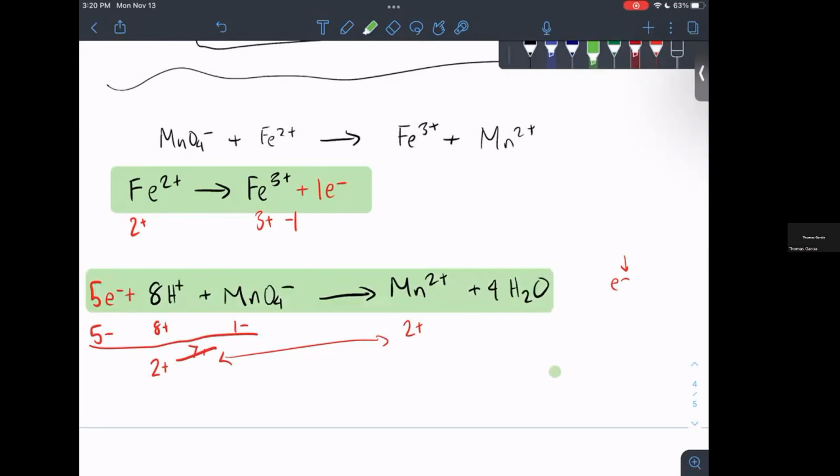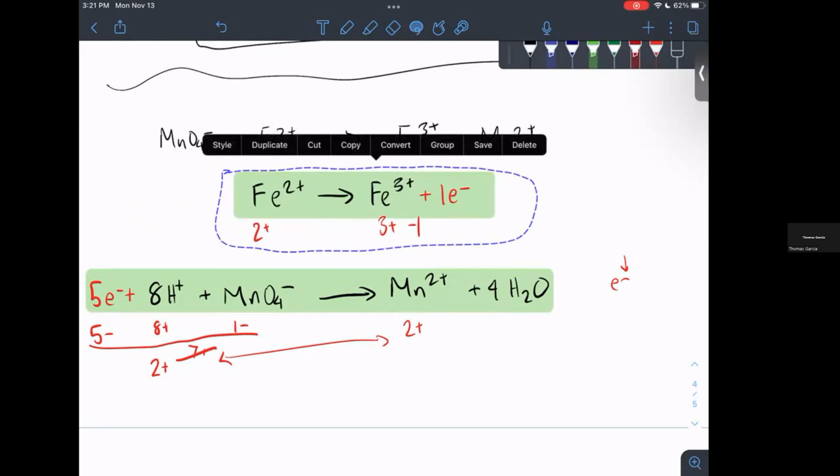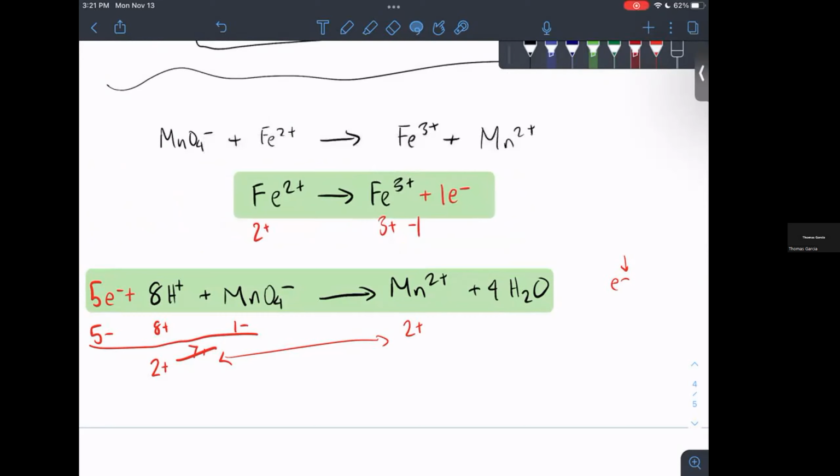So now that I have these two reactions, I can combine them. The issue with combining them comes now from the fact that my electrons will not balance on either side. I have 1 electron versus 5 electrons. And this kind of comes back to that idea that you learn in math, where when you are balancing variables and you have to make sure that they balance on either side or they can be subtracted, how do we do that?